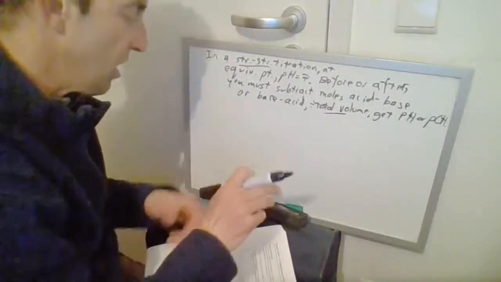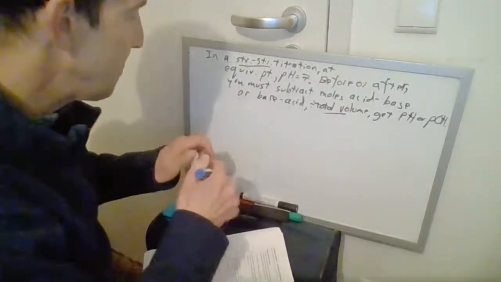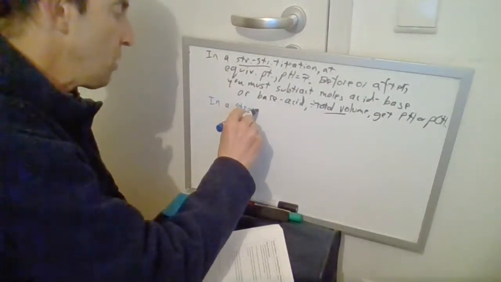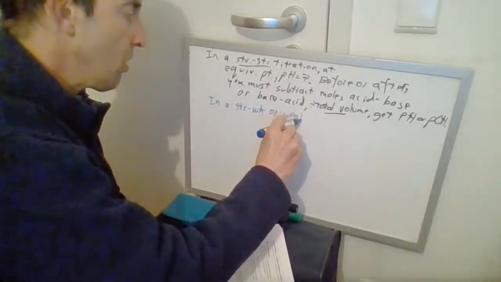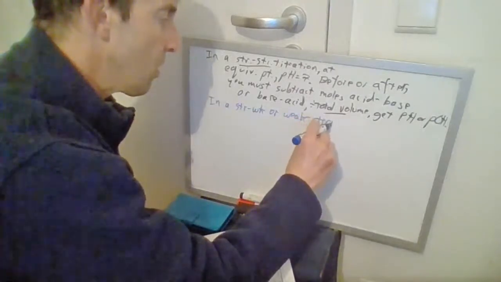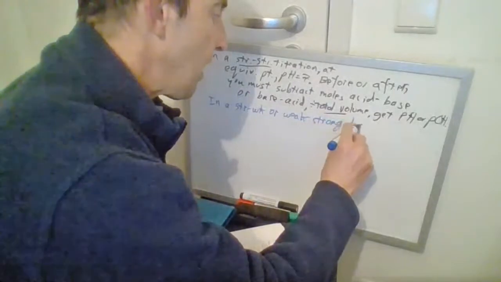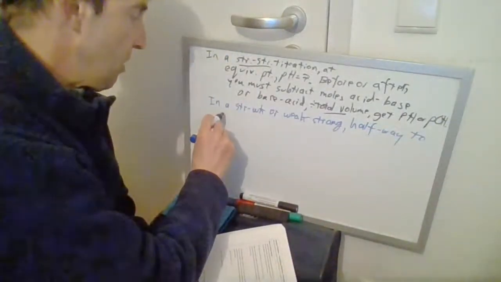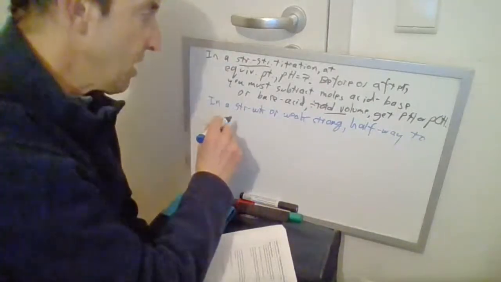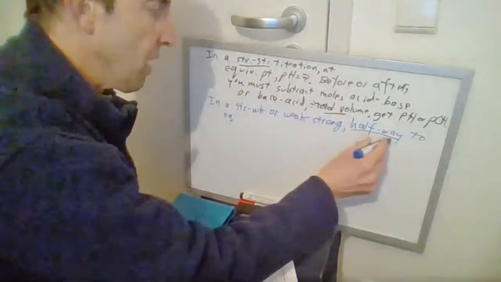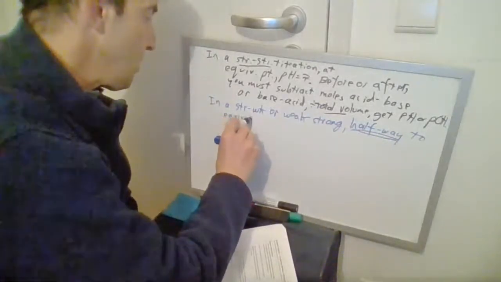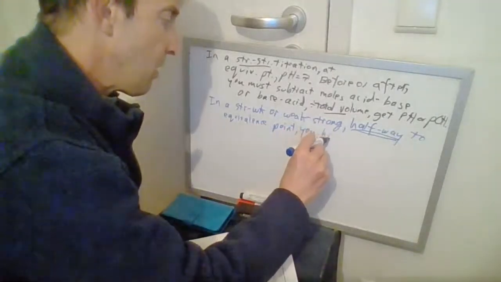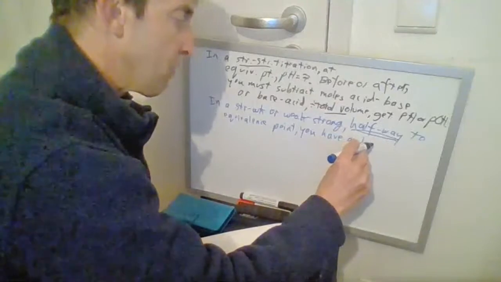All right. But if it's in a strong-weak or weak-strong titration, halfway, and this is the magic spot you have to memorize, halfway to the equivalence point, where I'd have the same number of moles of acid and base, halfway to the equivalence point, underline it because it's important, you have a 1-to-1 buffer.